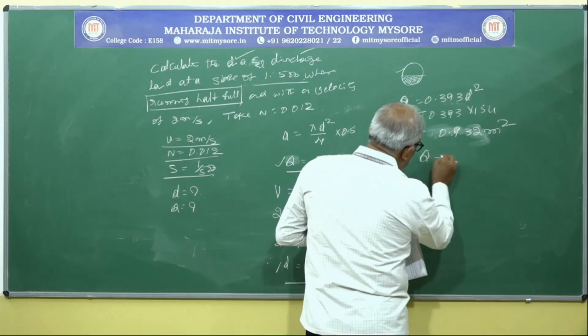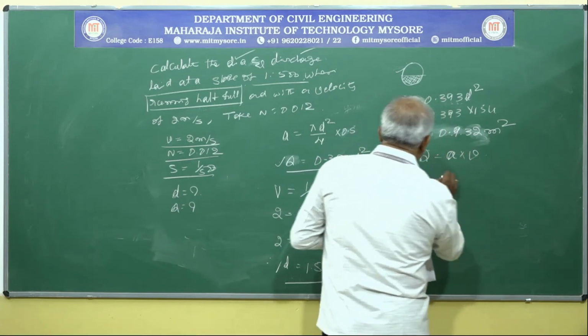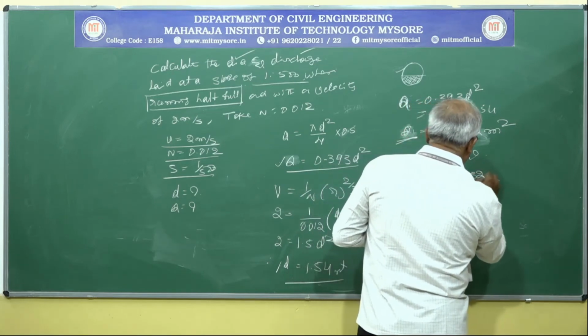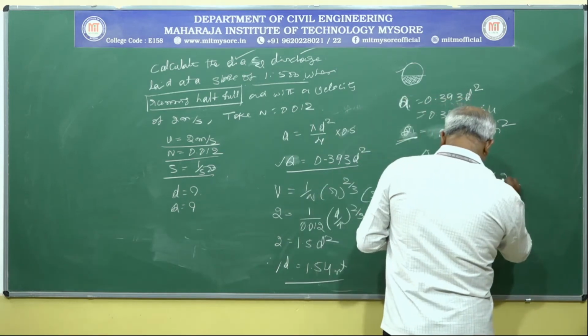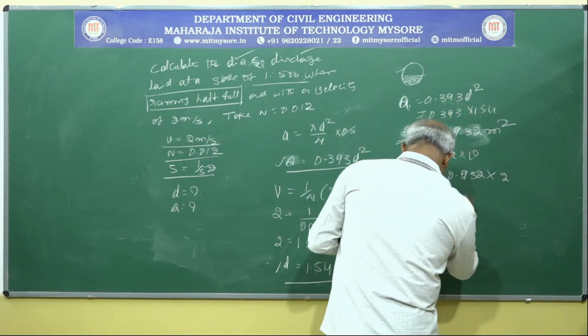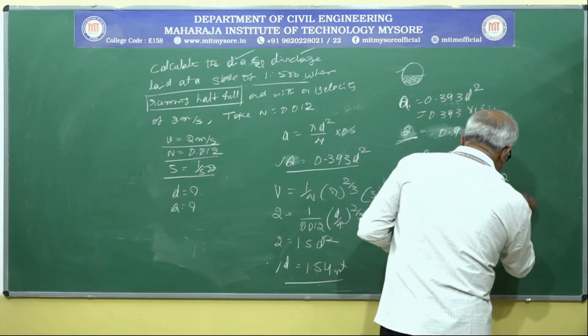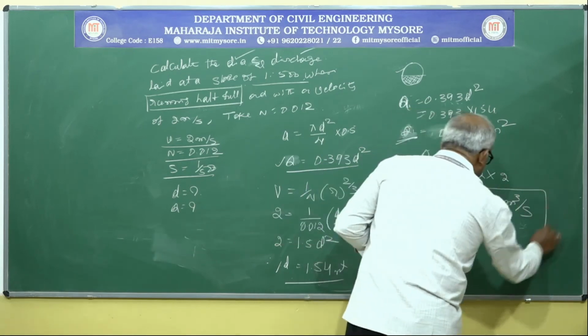After knowing this area, easily you can calculate the discharge. Q is equal to A into V. We already know the A value, that is 0.932, into V, the velocity we know, that is 2. Finally I can get 1.864 meter cube per second. This is the discharge.